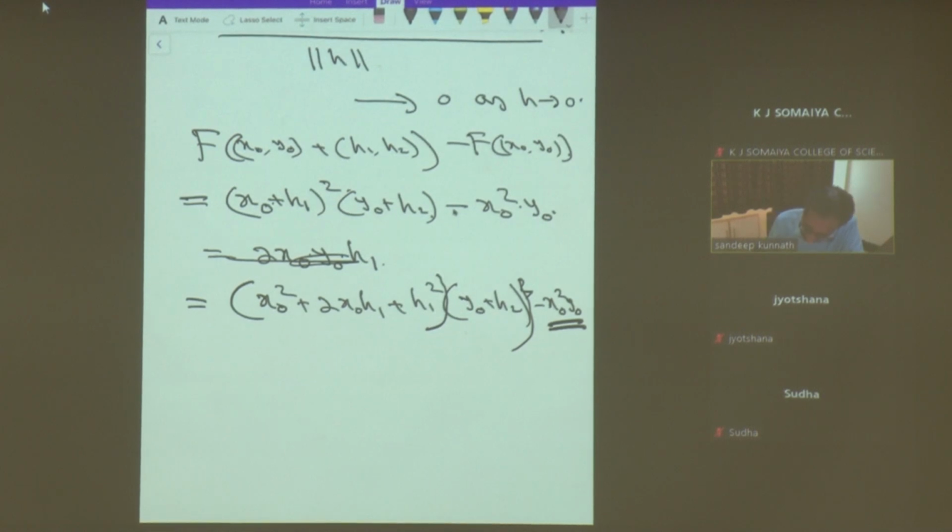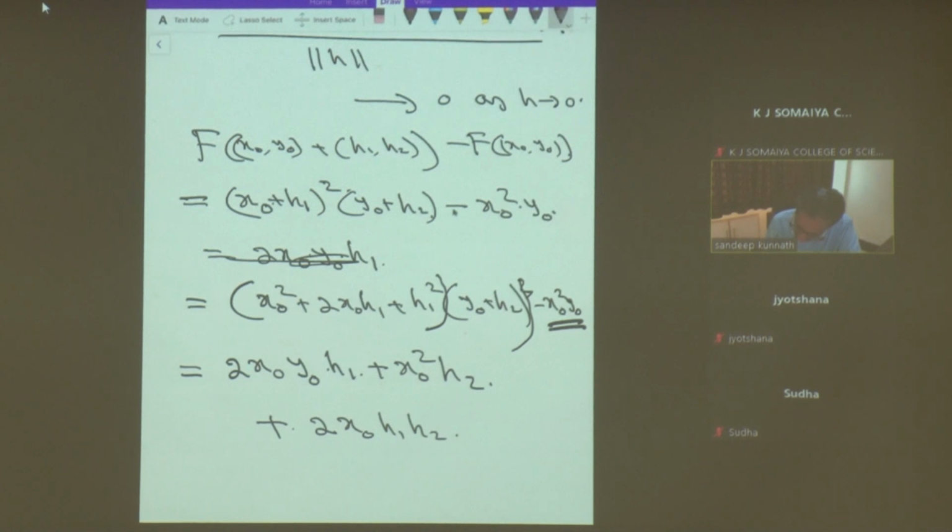What you have is the term 2 x naught y naught into h1, plus x naught squared into h2, and then plus terms like 2 x naught h1 h2, plus h1 squared into h2.